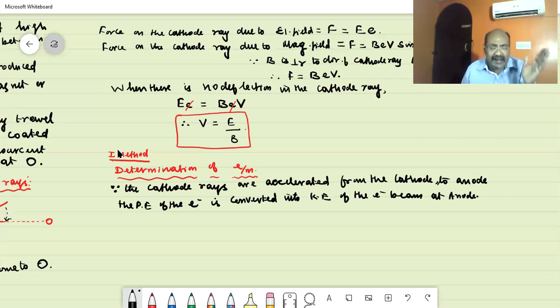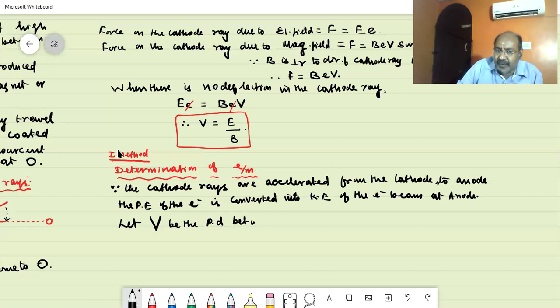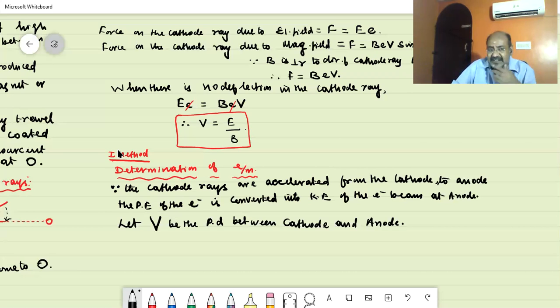So potential energy is converted into kinetic energy. Let us write like this. Let capital V be the potential difference between cathode and anode. When you are having a potential difference capital V between cathode and anode, I can calculate the potential energy acquired by the cathode ray.